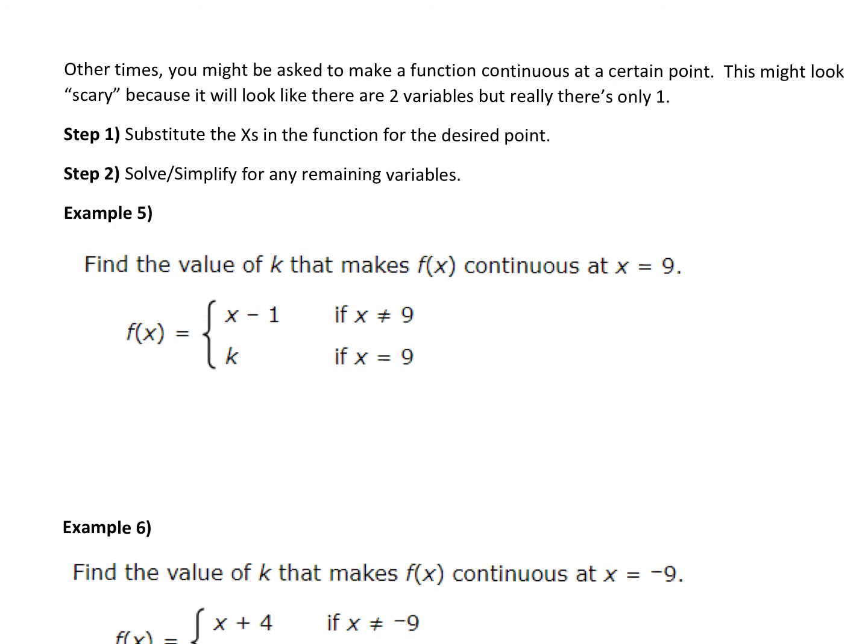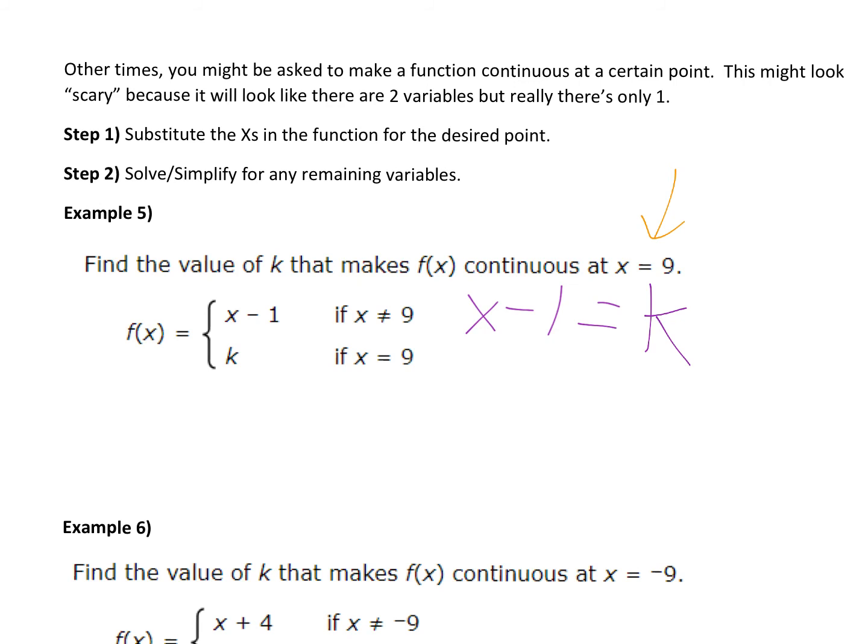So, first things first, let's set up our equation. x minus 1 is equal to k. All right, so we have an x and we have a k. And it looks like two variables, but it's not. It's not because, if you remember from the prompt, we have to find the value of k that makes f of x continuous at x equals 9.